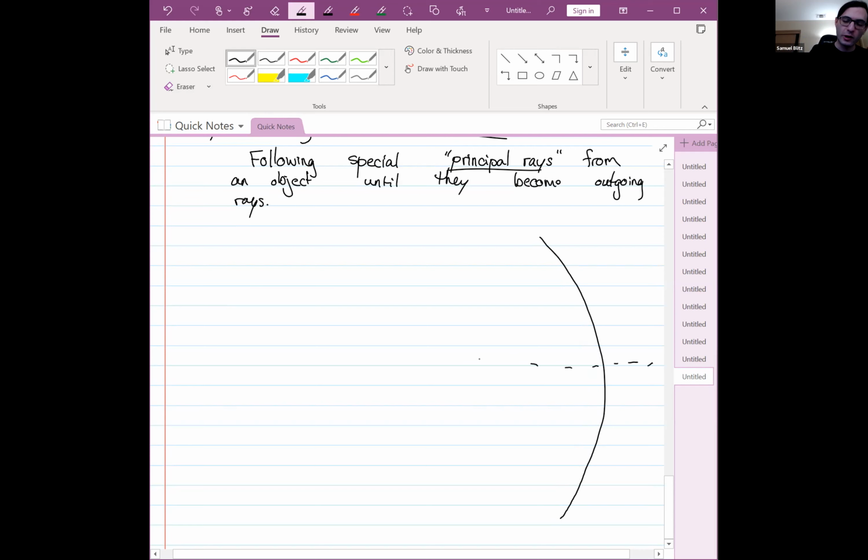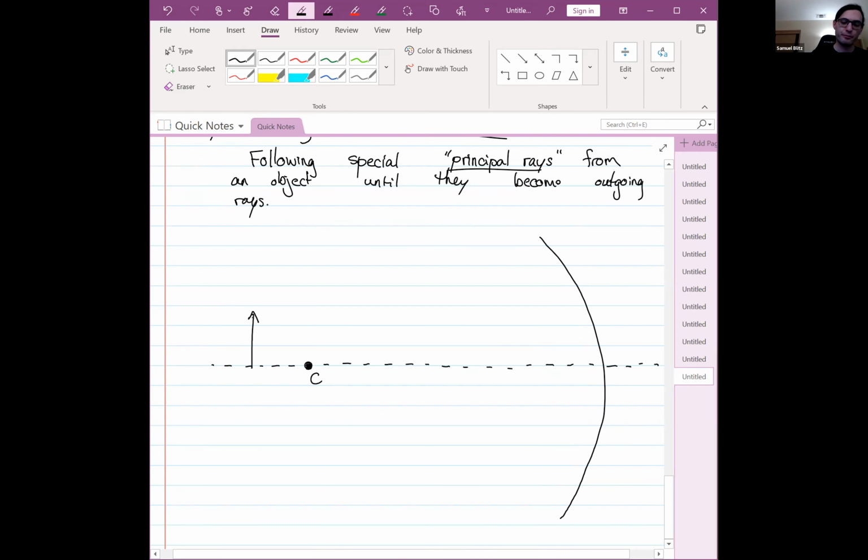So we have our optical axis. I want to put the center like here. I'm going to put an object, say here.